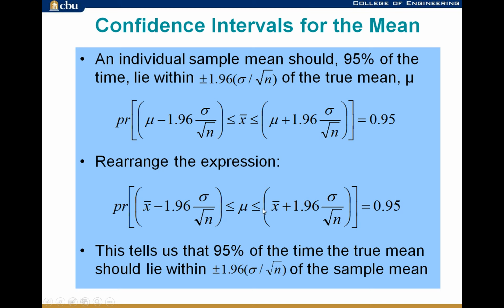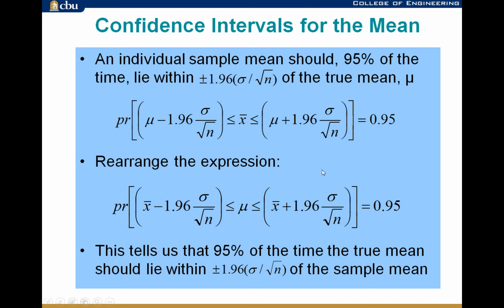We can express that with this kind of formula. So you see, the x bar distribution has the mean located between negative 1.96 standard deviations of errors and plus 1.96 standard deviations of errors.